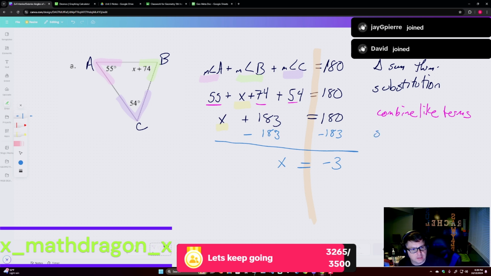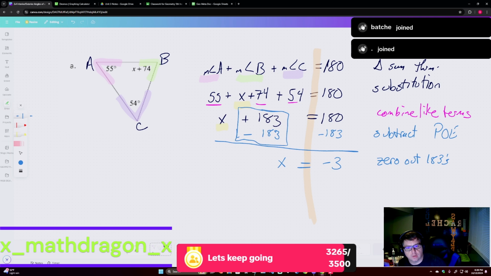So this is subtraction property of equality, and then we are doing that to zero out the 183s because we want these to zero each other out. So that's why we did it, to get x by itself.